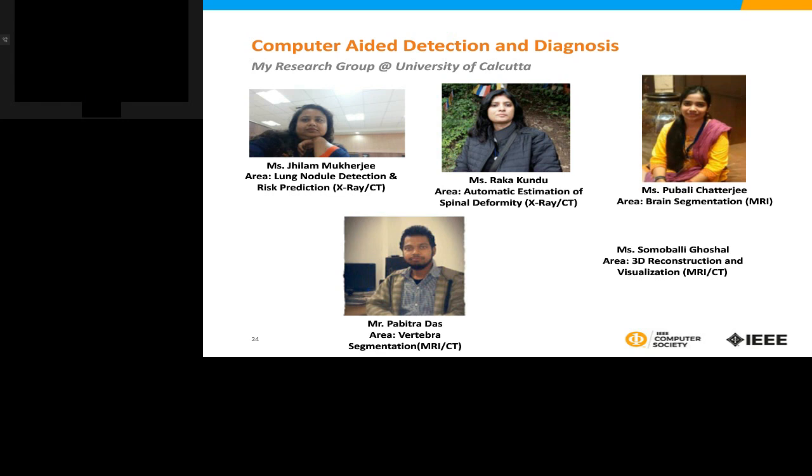Okay, the next question is, how do you think deep learning or alternative machine learning models are helpful in solving medical image registration problems? If you ask me frankly, one of my PhD students is working on the registration problem, and we are still using the concepts of fuzzy and soft computing techniques.